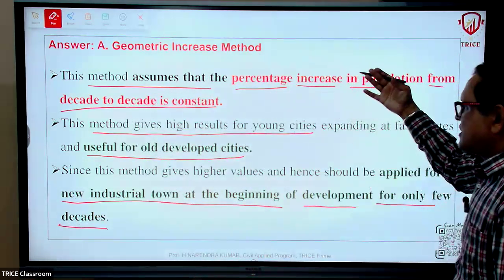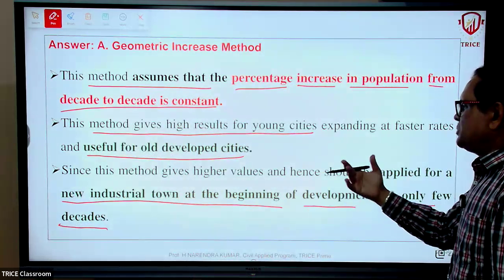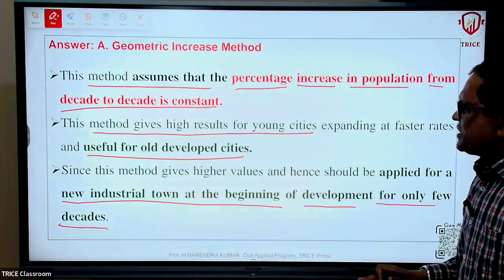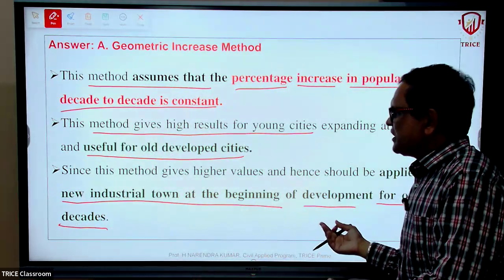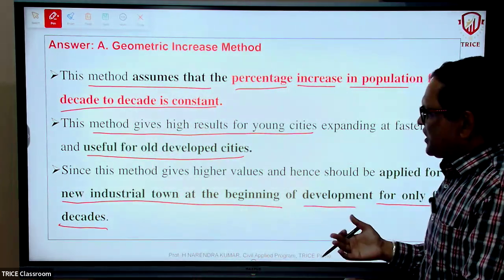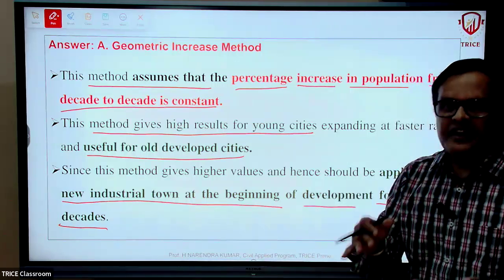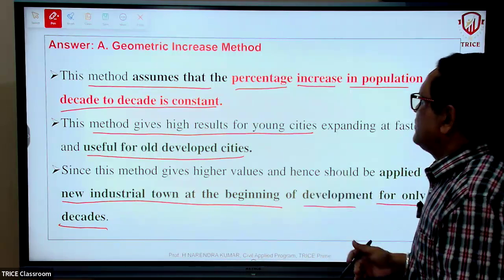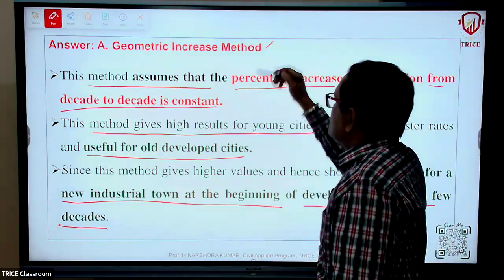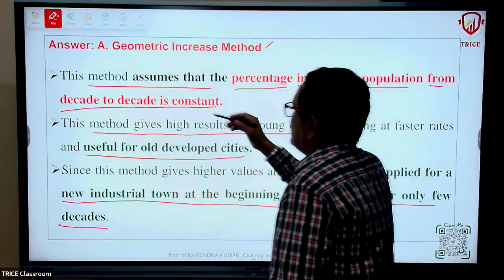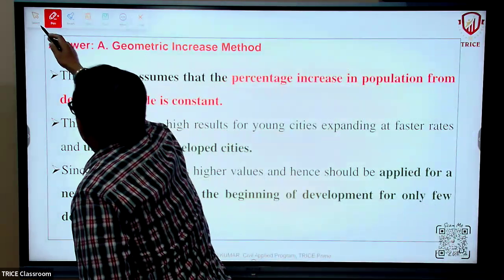Once it is developed, you must be very careful while using this. Always, when you use the geometrical increase method for forecasting the population, you need to forecast the population using other methodologies also. So we got the answer, geometrical increase method. Why? Because it is percentage increase in population that is being taken care of.